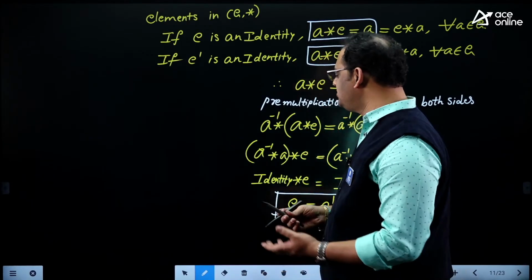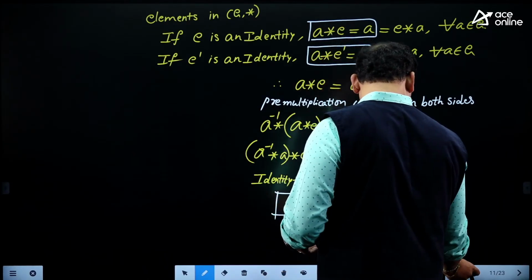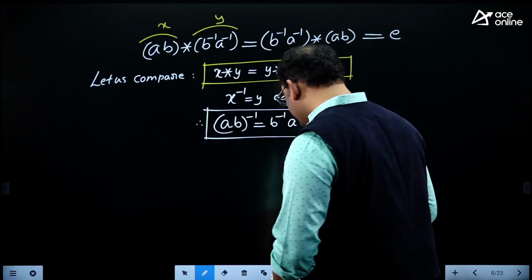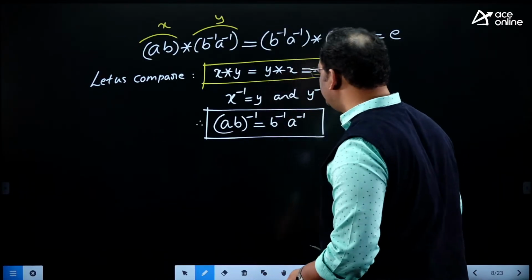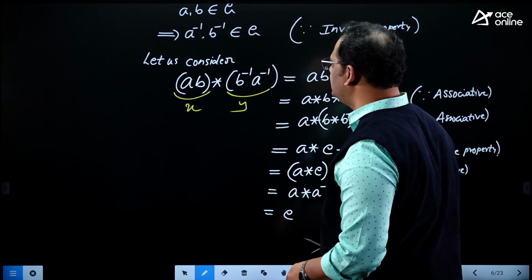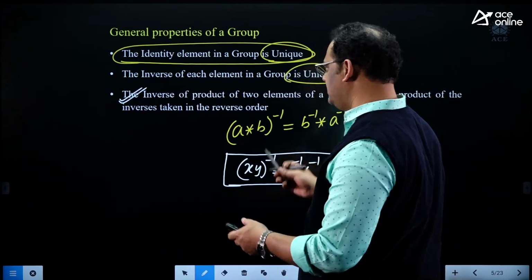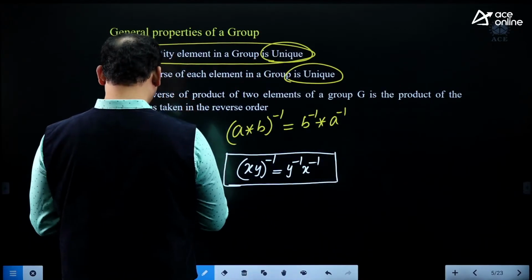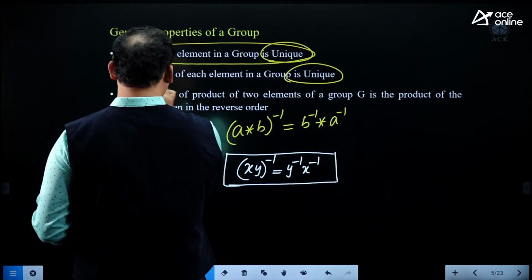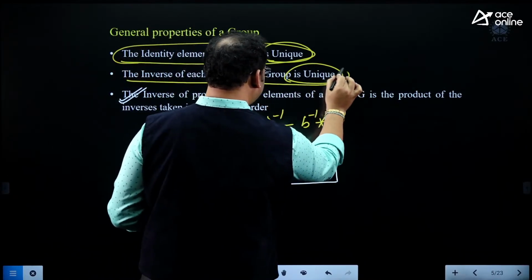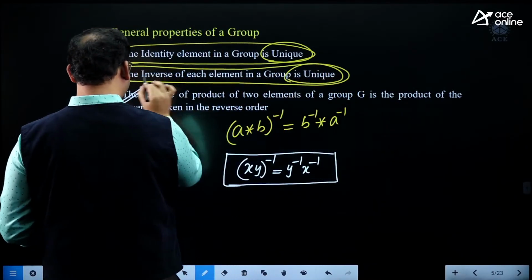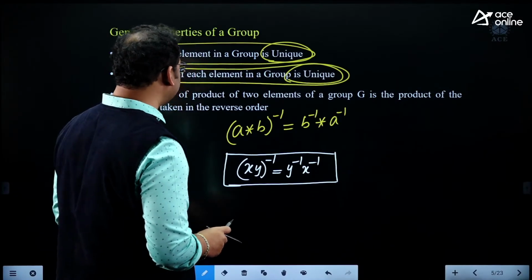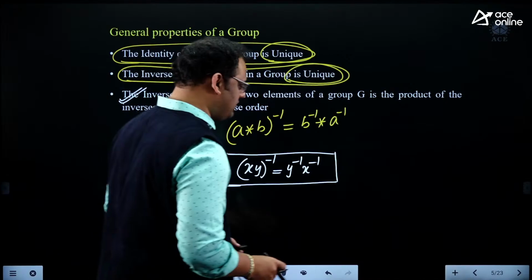In a similar fashion, I hope you got the idea about the inverse also. Let us take something called inverse. The inverse of each element is unique. Let us understand this concept also. Inverse of each element is unique.